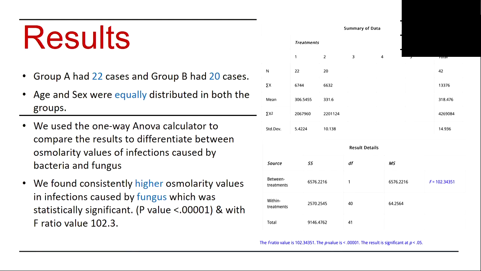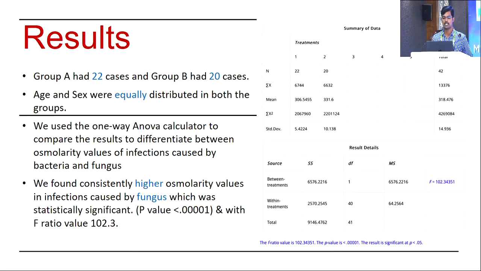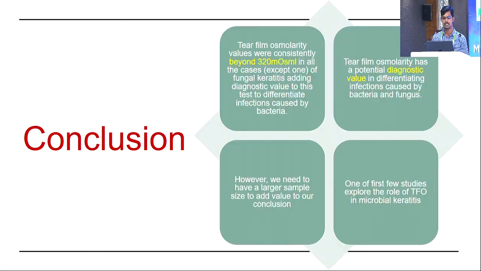Now coming to results, group A having bacterial keratitis had 22 cases, and group B having fungal keratitis had 20 cases. Age and sex were equally distributed between the two groups, and we used a one-way ANOVA calculator to compare the results and differentiate the osmolarity values between bacterial and fungal infections. In all the cases, there were consistently higher osmolarity values in fungal infections compared to bacterial infections, and the p-value was also significant.